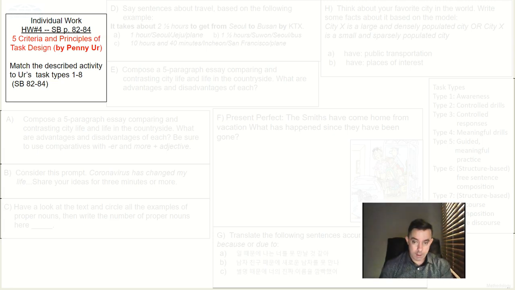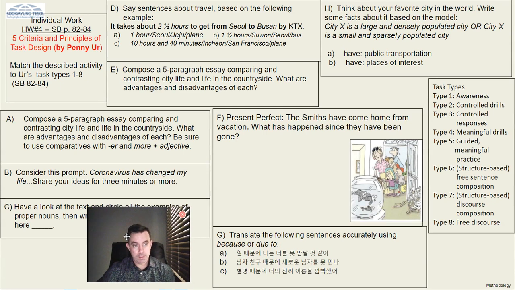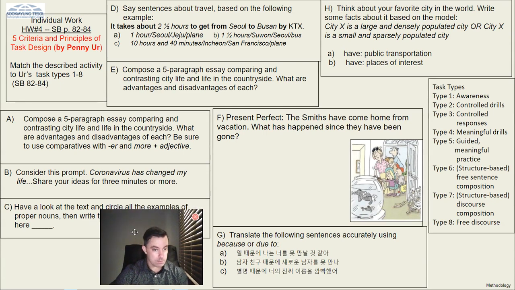Okay, and so what I've done is I've taken each of those and I've made an example, and your task is going to be, in your slides, simply match these activities to these task types. Is it task type 1, type 2, type 3? You can just put the number next to the activity. You can put just 6, 7, 8, whatever, right next to the activity.